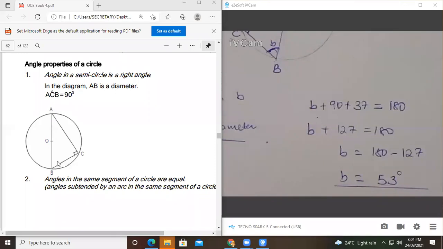This works if AC is drawn from the point A, which is an end of the diameter, and the other line comes from the other end of the diameter.